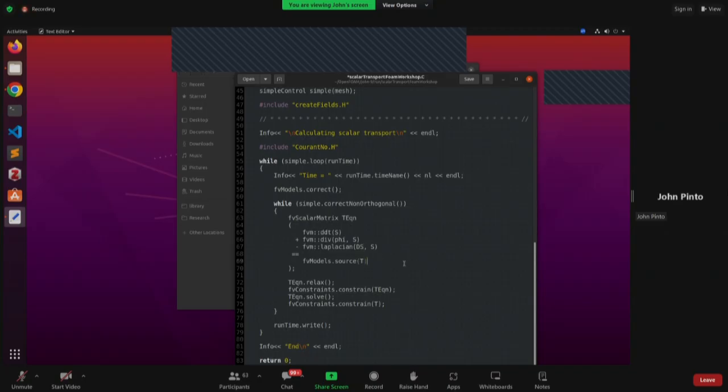So I wanted to add the source such that I want this scalar to decrease in concentration, because this is, say, one of the reactants. So reactants will decrease in concentration as the reaction proceeds. So I will write minus K stands for my rate of reaction. So I can call it KRR, that is my rate of reaction, times my scalar S.